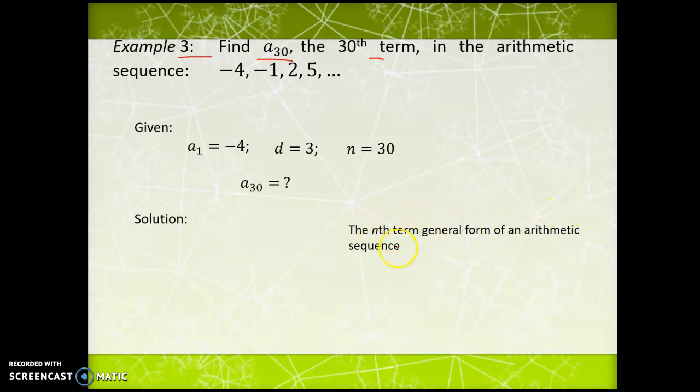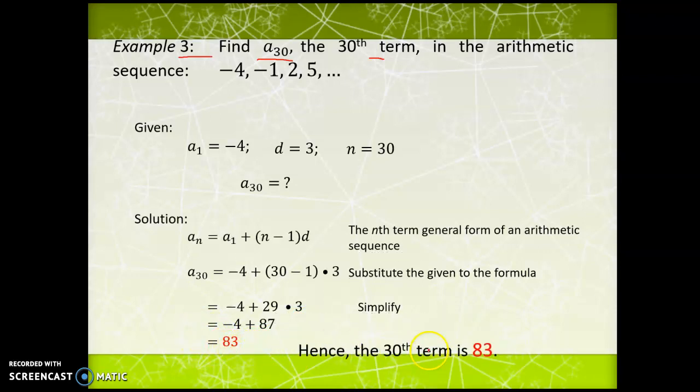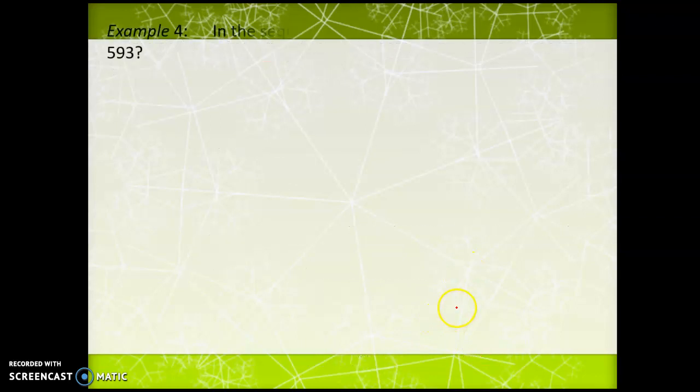The explicit formula, the nth term general form of an arithmetic sequence. And then you plug in those values here, substitute, so -4 for a sub 1, and then 30 minus 1 times 3, so you'll have -4 plus 29 times 3, -4 plus 87, which is 83. So a sub 30 is 83, or the 30th term is 83, right?